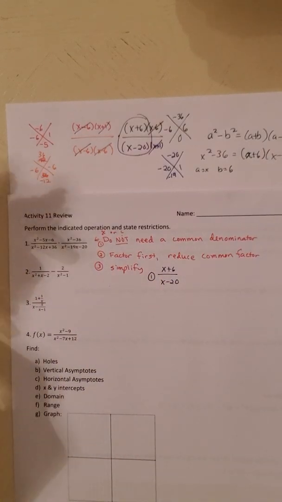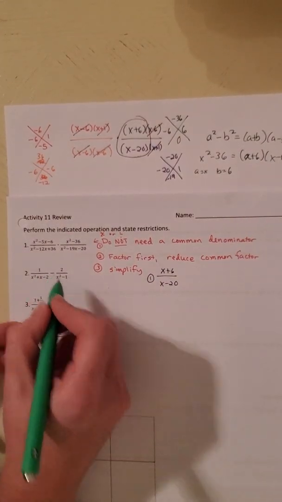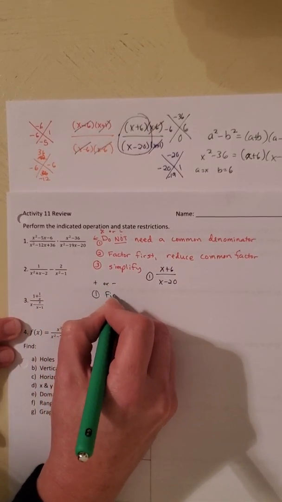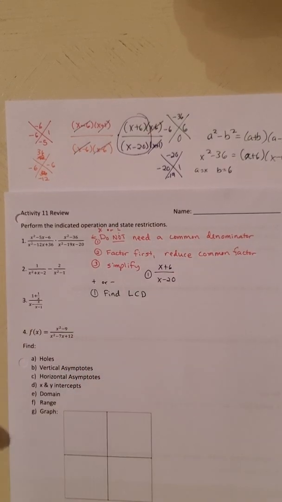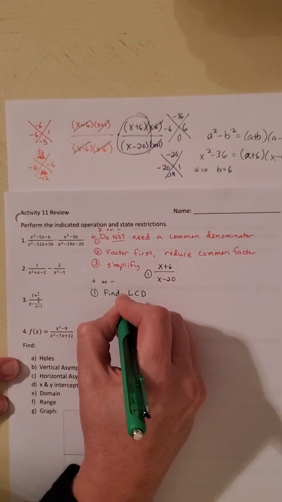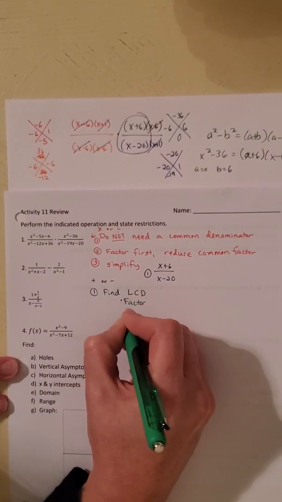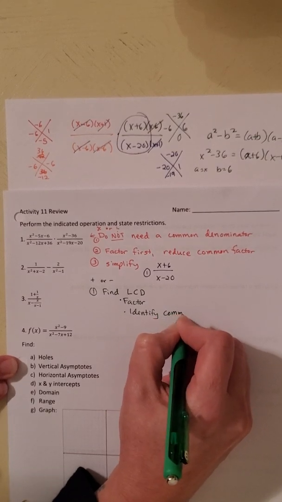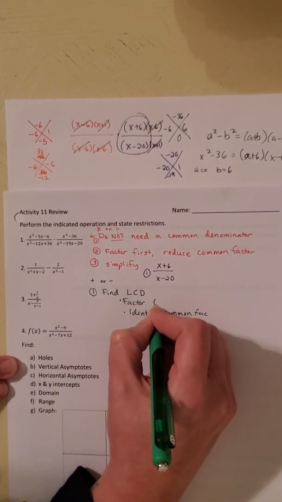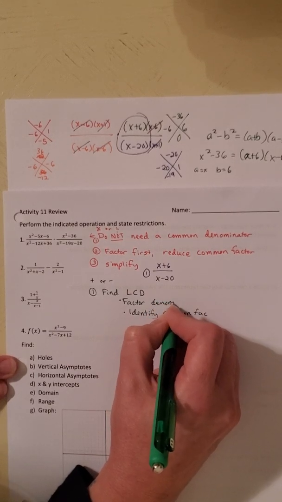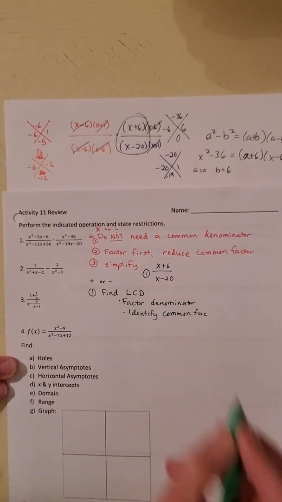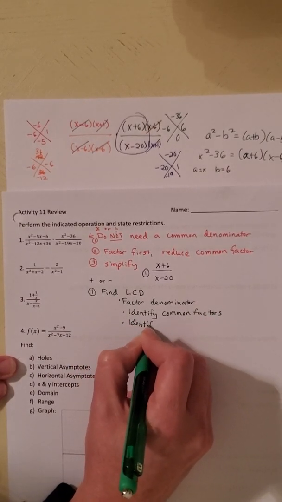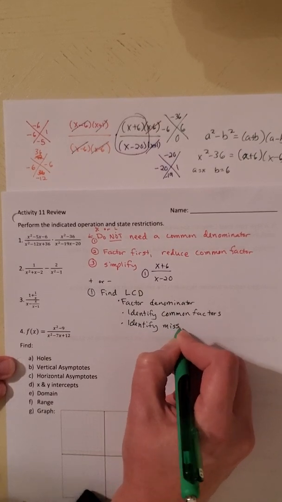Number two, all right, the steps for adding and subtracting is to find the common denominator, the least common denominator. And to do that, you factor the denominator, identify common factors, and identify missing factors from each fraction.